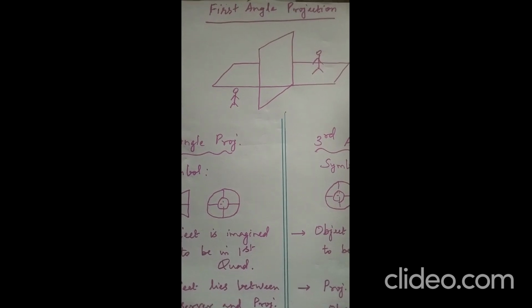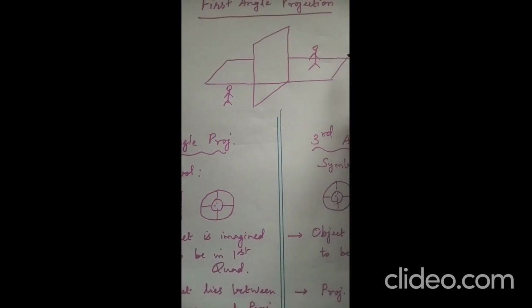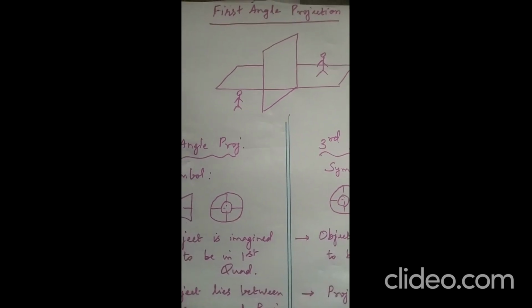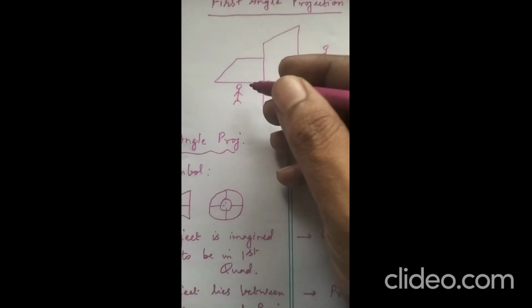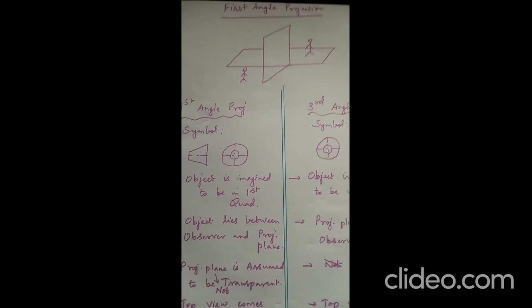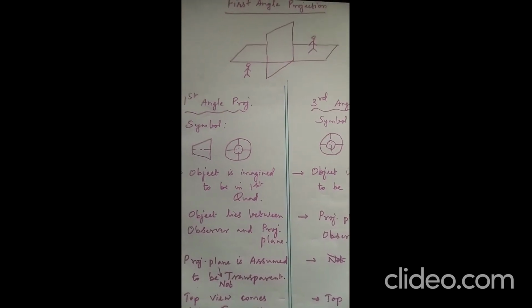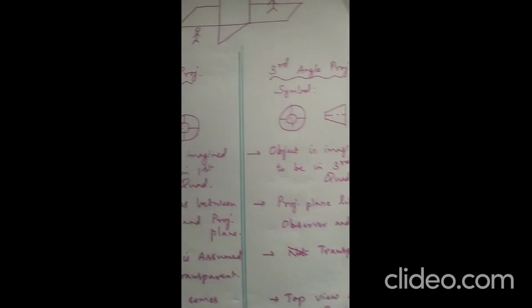According to the definition, first angle projection deals with objects that are placed in the first quadrant. Whereas in third angle projection, the objects are assumed to be placed in the third quadrant like this. With this basic introduction of first angle projection and third angle projection, now we move into the discussion on differences between first angle and third angle projection.